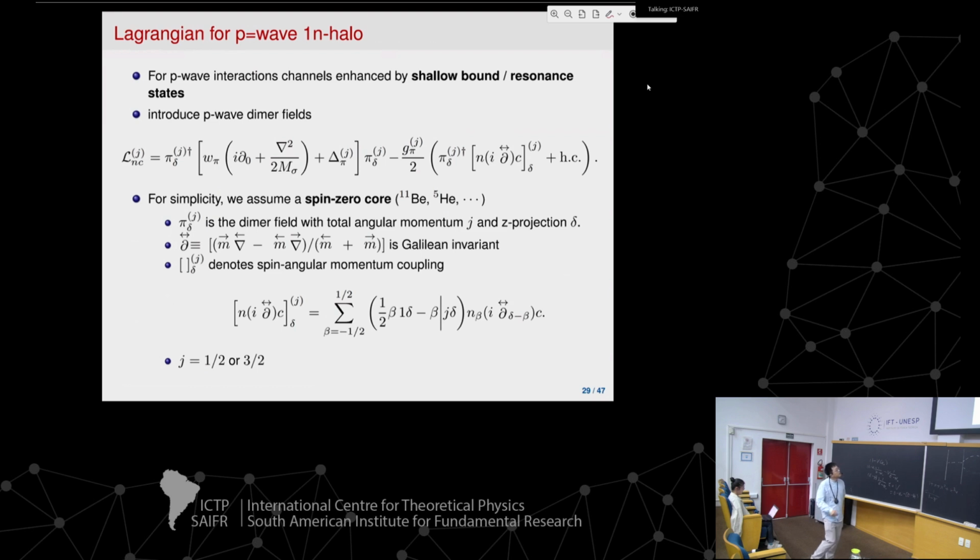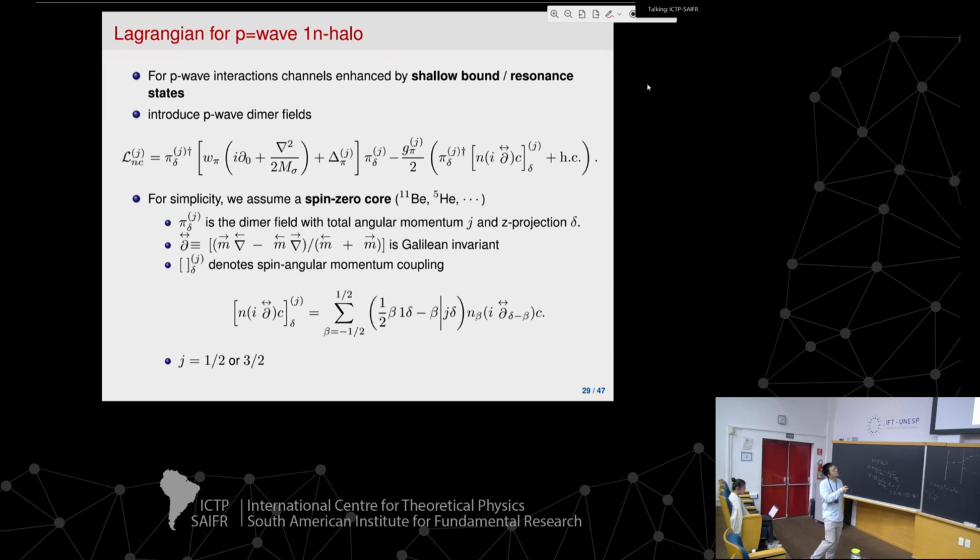Then for the interactions, you also will have to combine the spin of the particles with the angular momentum related to these derivatives.